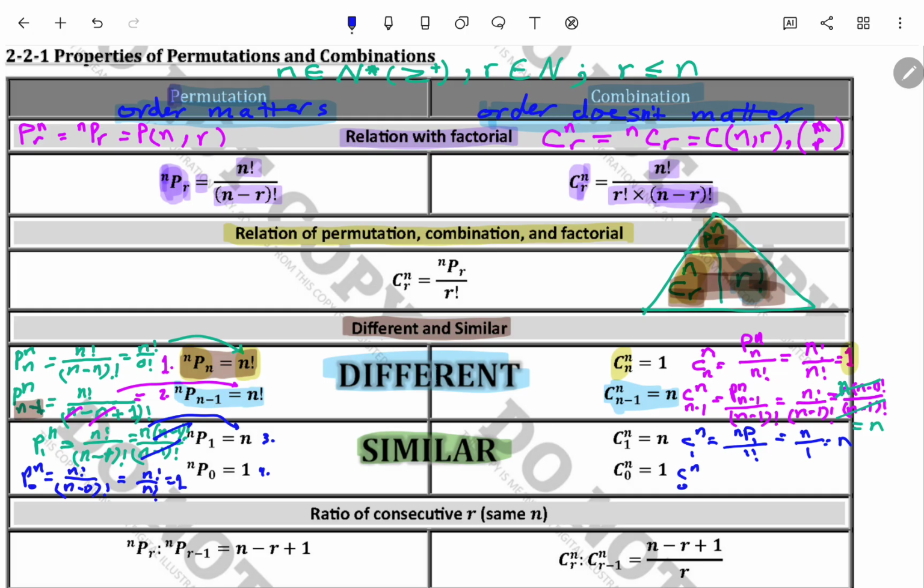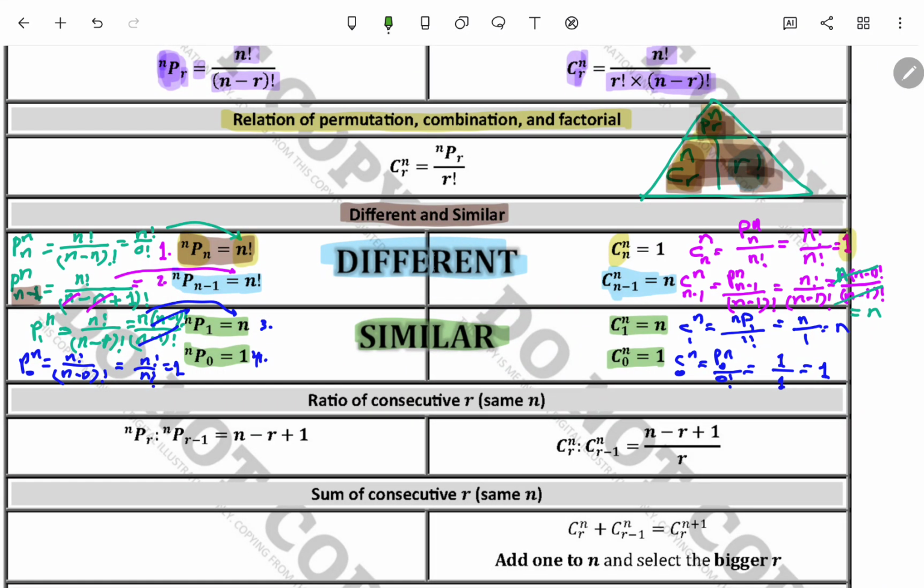And in combination 0, by using n permutation 0 over 0 factorial, according to rule number 4, we can write 1 up divided by 1 down, and that will make it 1. So you can see the similarity between n permutation 1, which is n, and n combination 1, which is n. n permutation 0, which is 1, and n combination 0, which is 1.